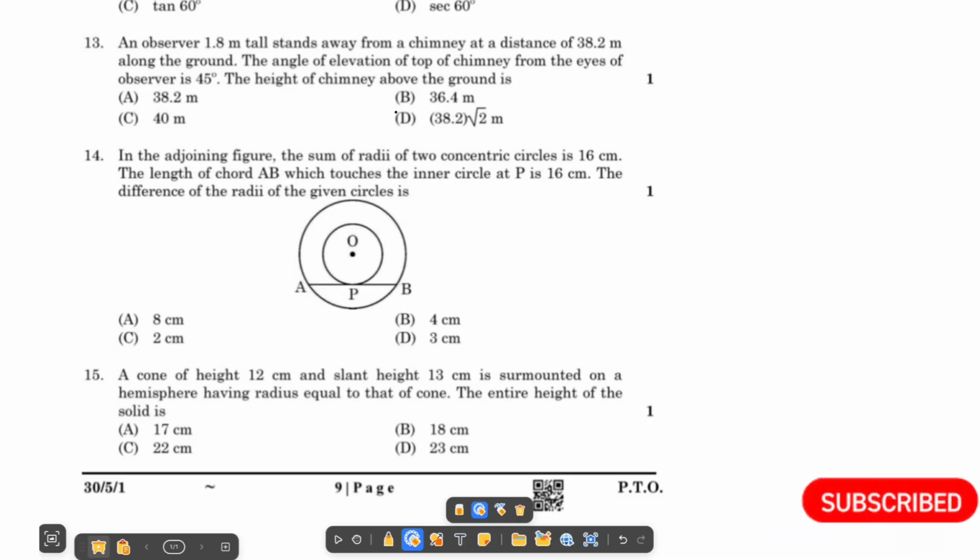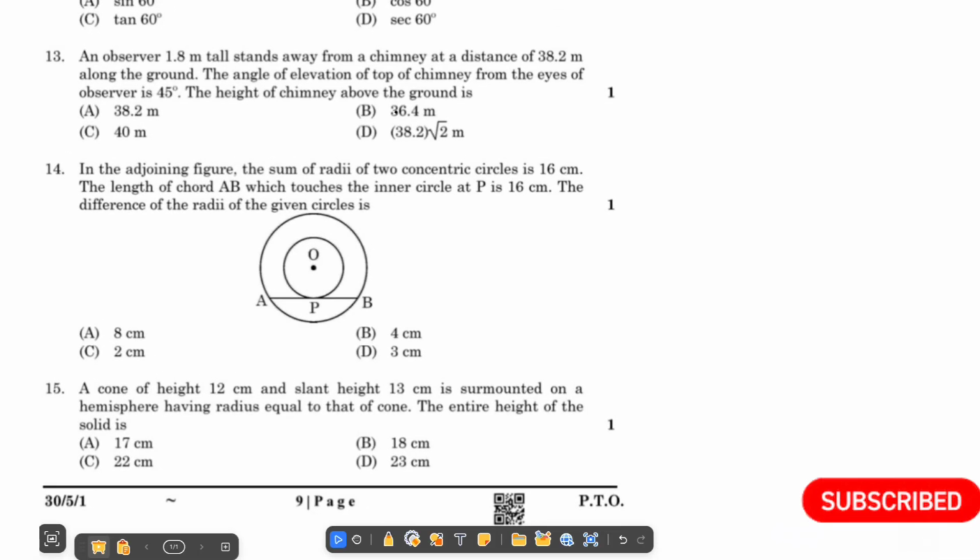So what is given? The height of the observer is given, and that observer is standing away from the chimney at a distance of 38.2 meters. From the eyes of the observer, the angle of elevation of the top of the chimney is 45 degrees. And we need to find the total height of the chimney. So let's draw the figure according to the question. So let us think.